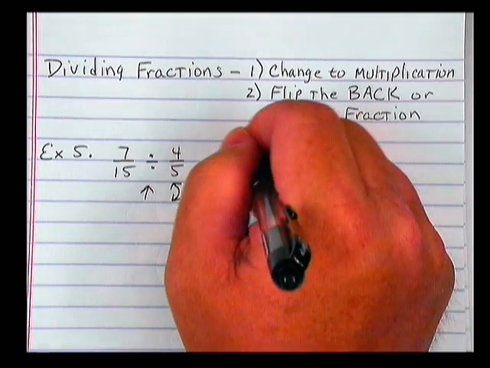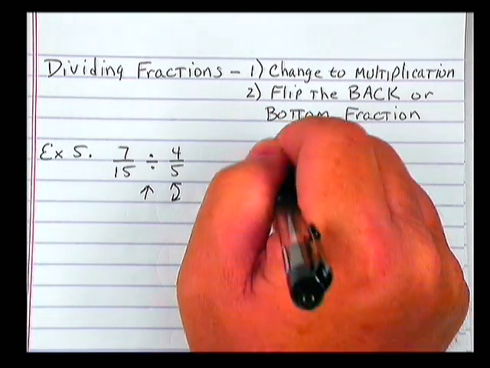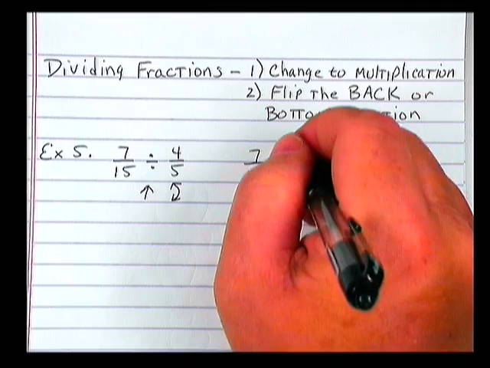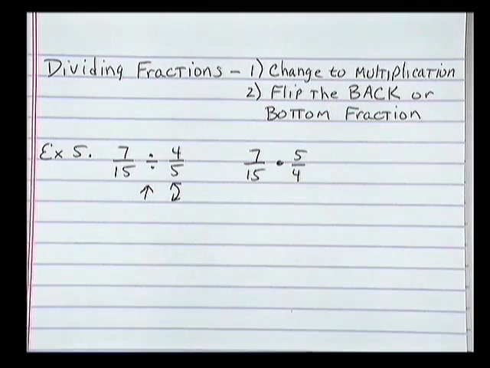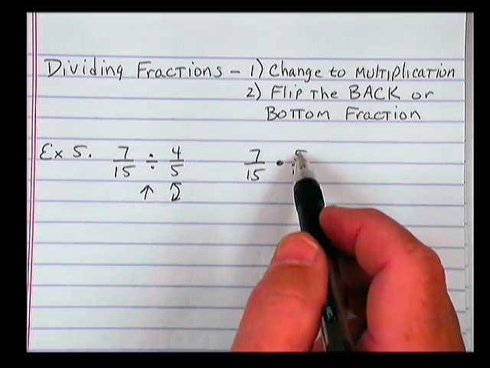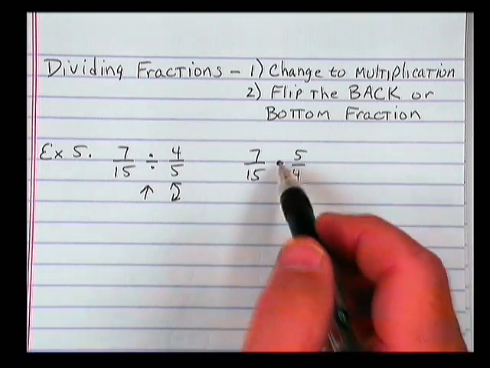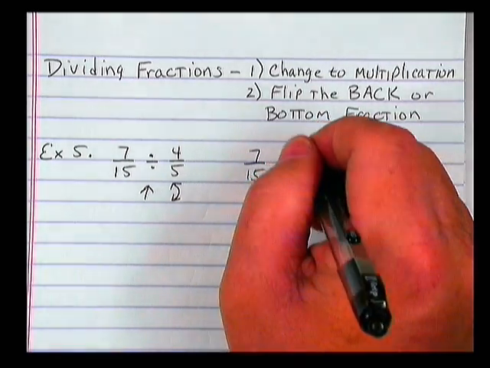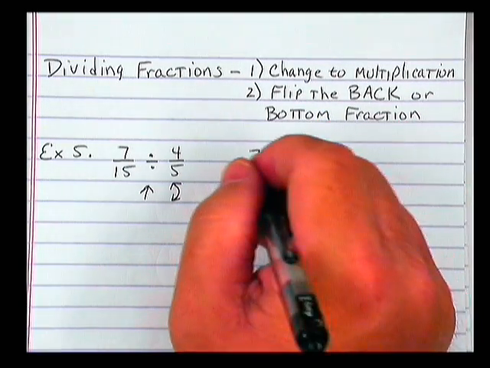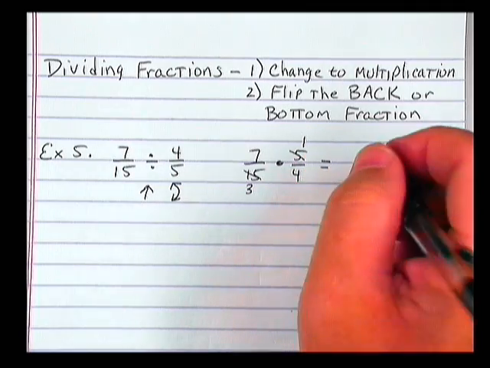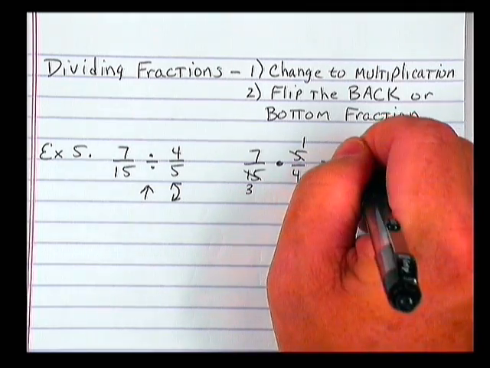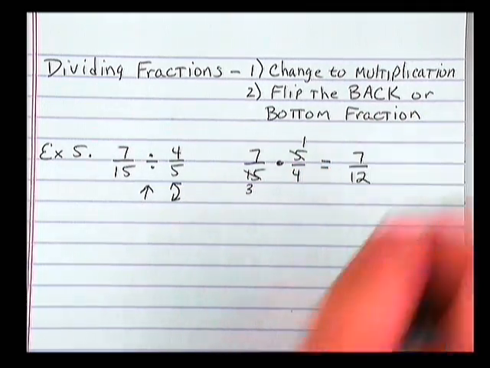So 7 over 15 times 5 over 4. I look to see if I can cross reduce, and I can. These numbers are both divisible by 5, so I change that. Divide by 5, that's 1. Divide by 5, that's 3. And my answer is 7 over 12.